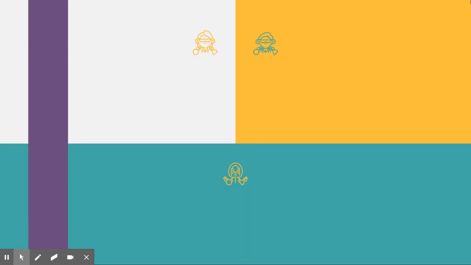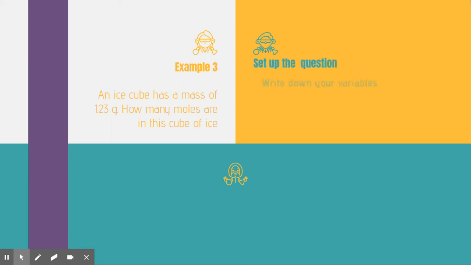Let's look through the first two examples, example 3 and example 4. Let's start with example 3. An ice cube has a mass of 1.23 grams. How many moles are in this cube of ice? We have to start by setting up our question and writing down our variables. We're solving for n. It says how many moles, so n we don't know.